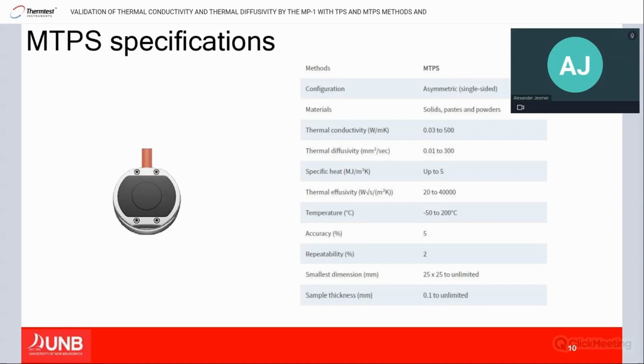And at the bottom of the range are fiberglass or polymer materials, around 0.2. So you can span most of the thermal conductivities you might interact with. The repeatability and accuracy is within 5% of the actual reported value of thermal conductivity and diffusivity.